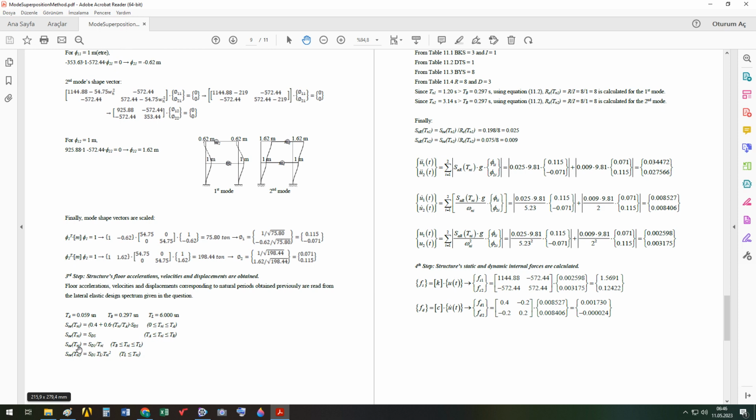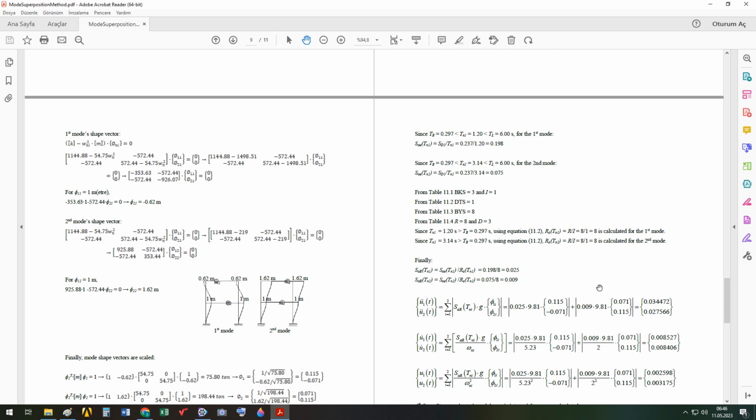So I use this formula to calculate the unreduced maximum floor acceleration of the first floor. SD1 is also given to me in the question. Tn1 is 1.2. I calculate the unreduced maximum floor acceleration for the first floor. Similarly, I calculate the second floor's maximum acceleration.